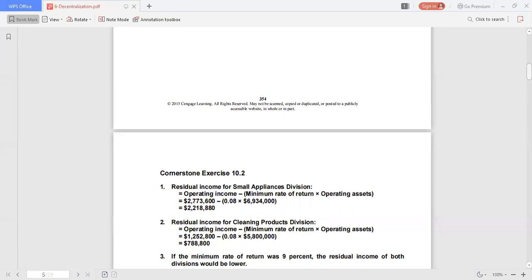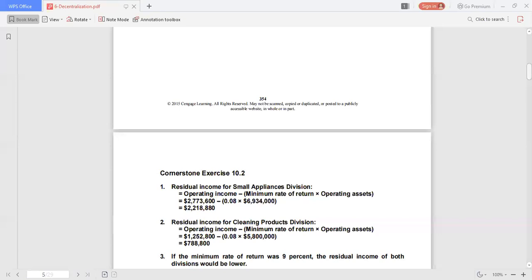And then we deduct 8% of the average operating assets. So we have now the result, which is 2,218,800. You are given the 8% here.